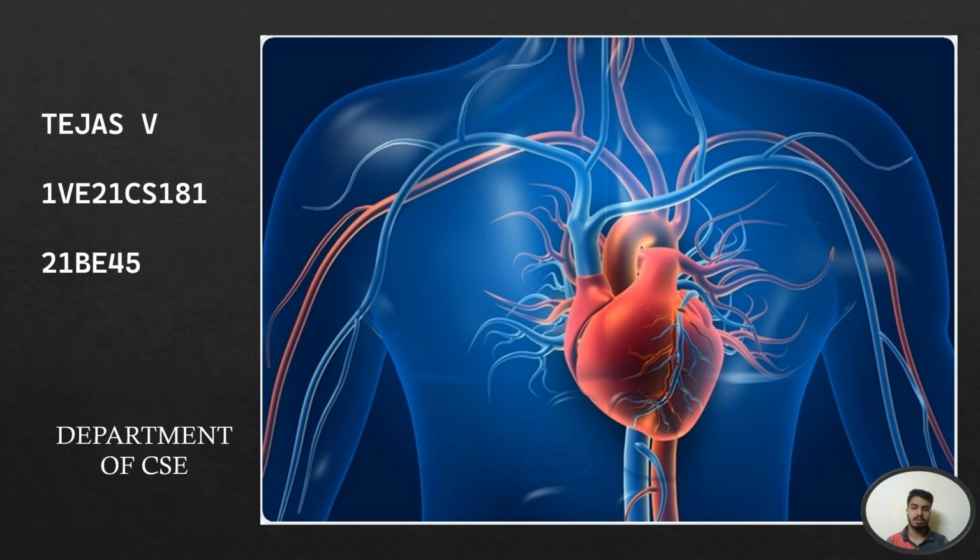We are also going to learn how our heart pumps the blood to our lungs for the purpose of oxygenation, and we are going to learn about the four chambers of our heart and also how the four chambers work in a coordinated manner for the purpose of blood circulation. We are also going to learn about the topic double circulation. Let's start the topic human heart from the next slide.